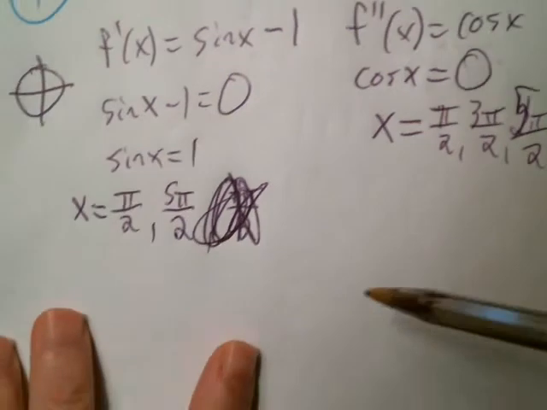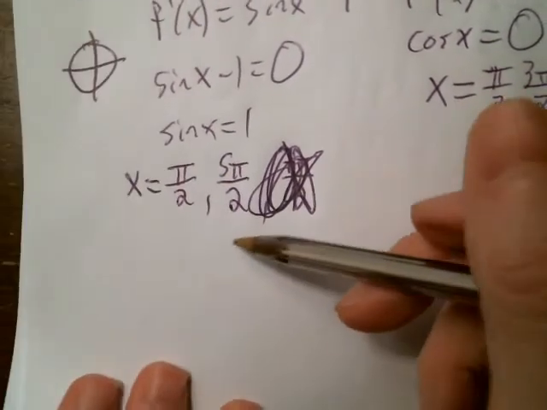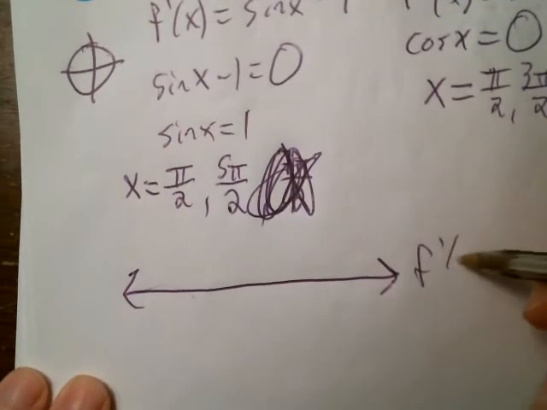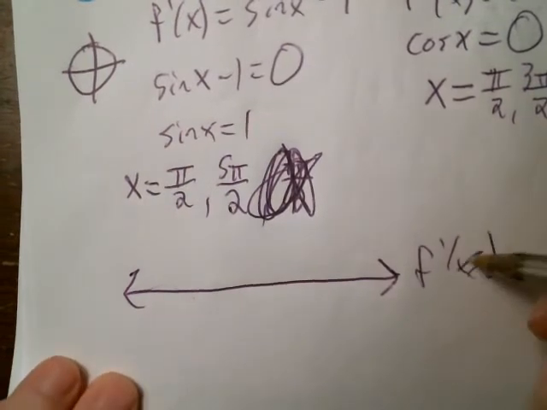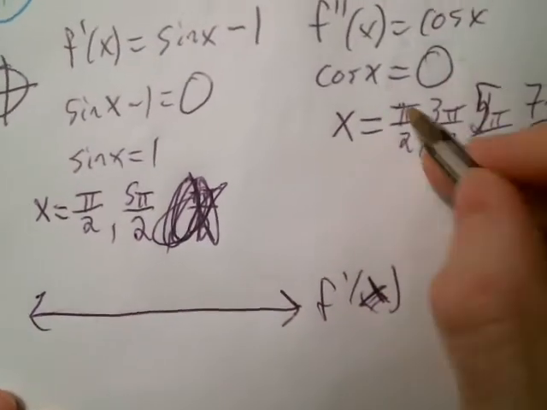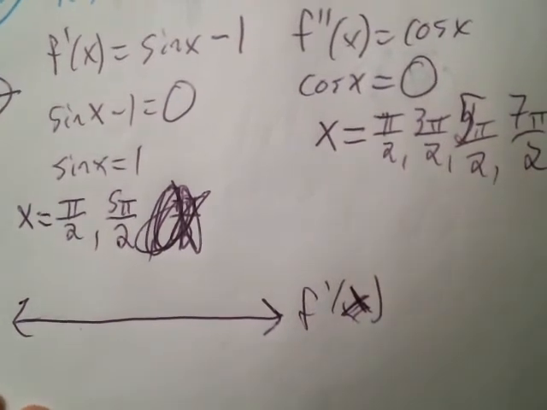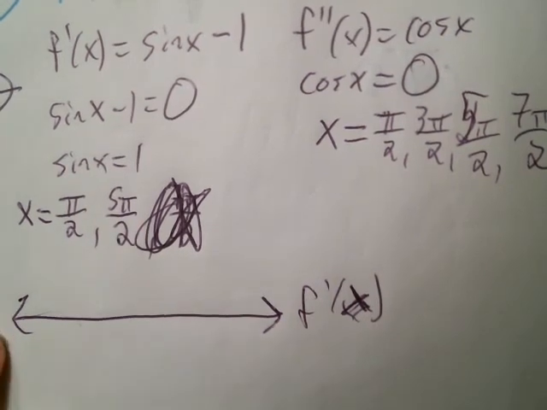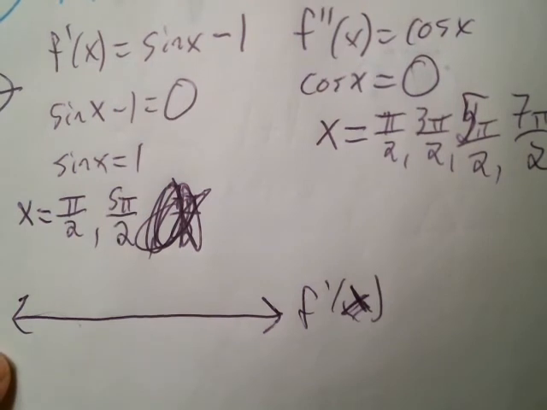Okay, so what you have to do is just go ahead and determine if they're maxes and mins using the first derivative. Okay, so in this case, we don't even require the second derivative if the only objective is to find the max and min. So like I said, you don't use it.